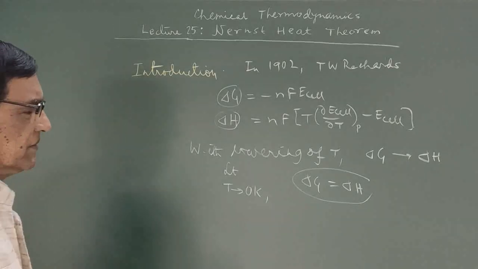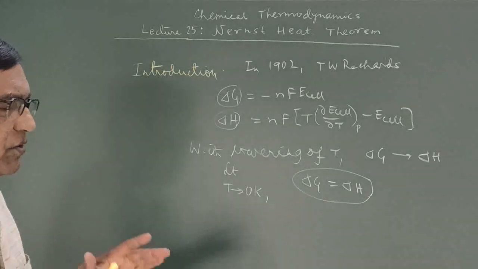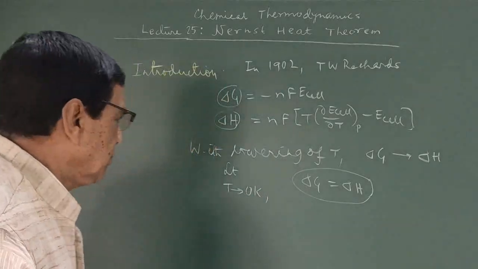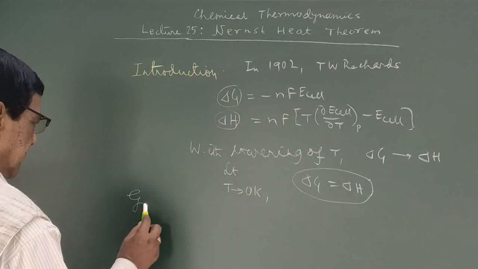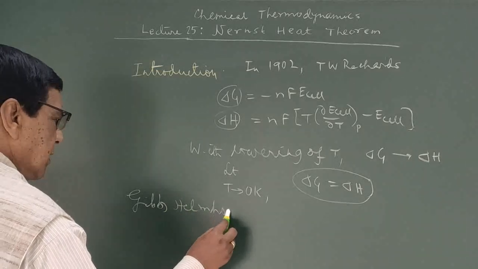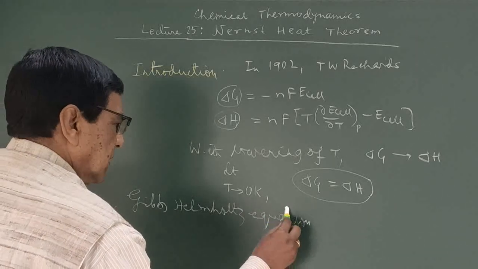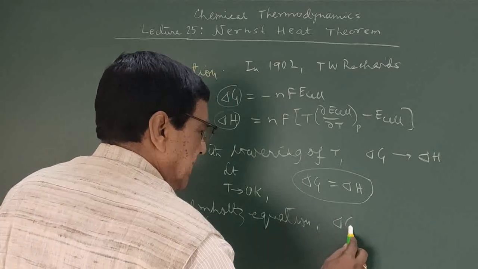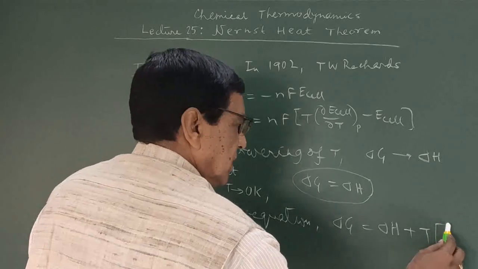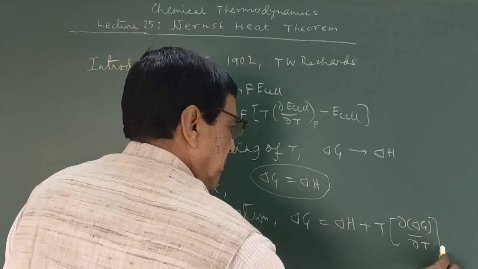From these experimental results, we can draw very important conclusions by the use of the Gibbs-Helmholtz equation. And you know the Gibbs-Helmholtz equation: delta G equals delta H plus T into del delta G by del T at constant pressure.